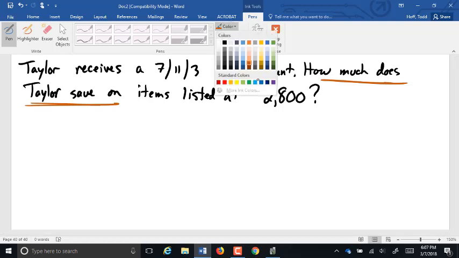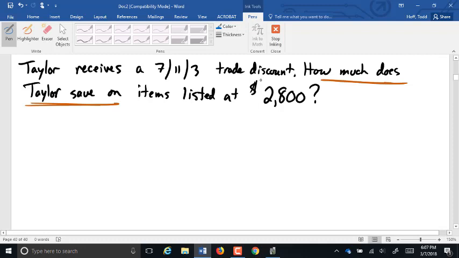Are we looking for the net price or are we looking for the amount of the trade discount? The amount saved would be the amount of the trade discount.